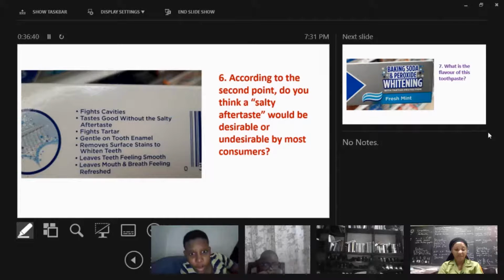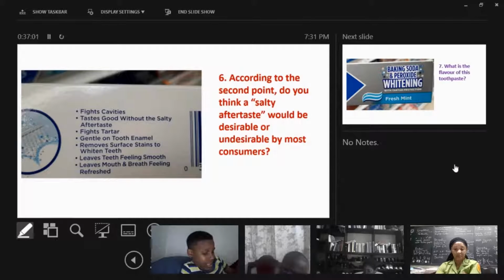Would the manufacturer be saying that the product does not do what most people want it to do? So I'm saying we can make the assumption that most persons would not want the salty aftertaste, since the manufacturer is stressing that this product does not cause that.